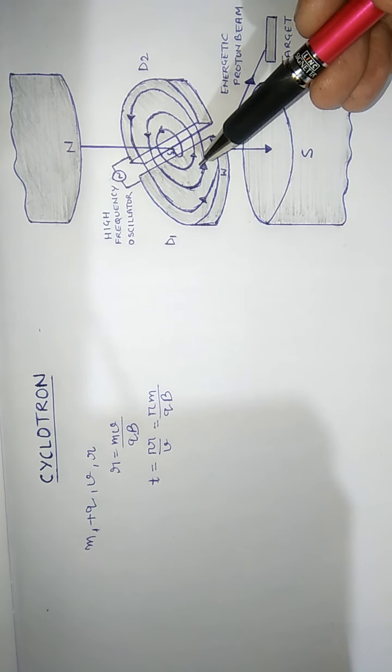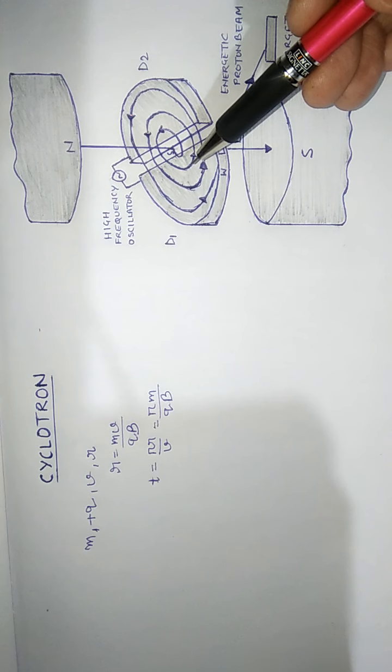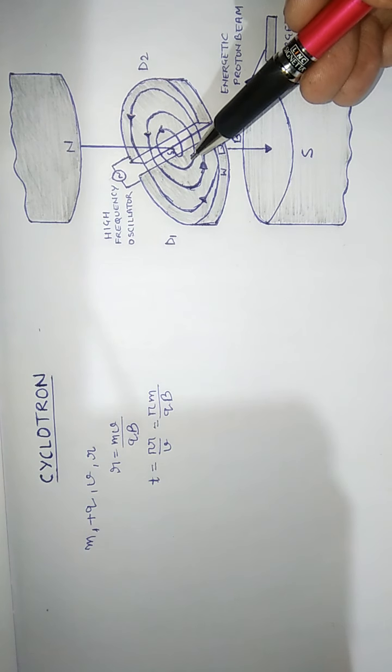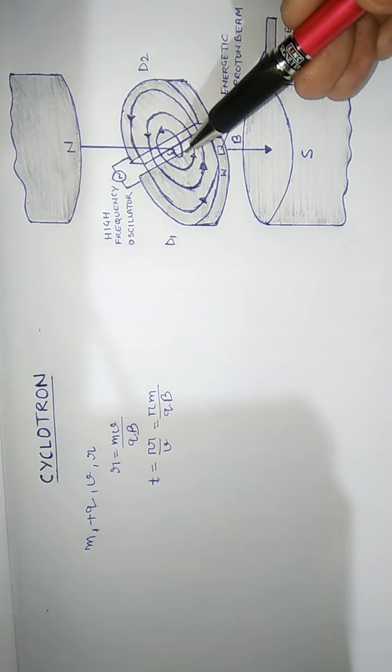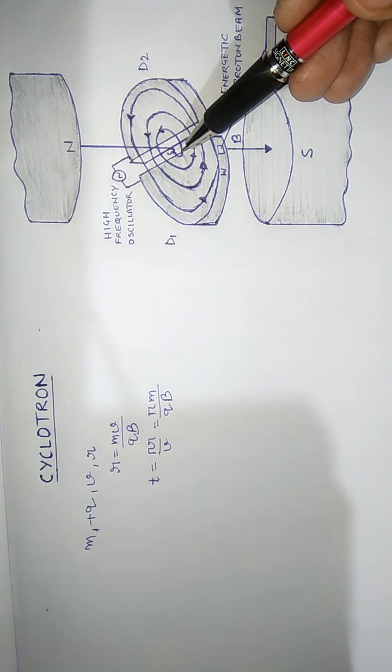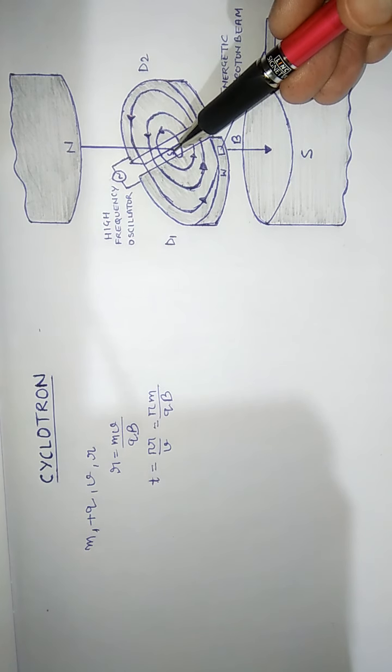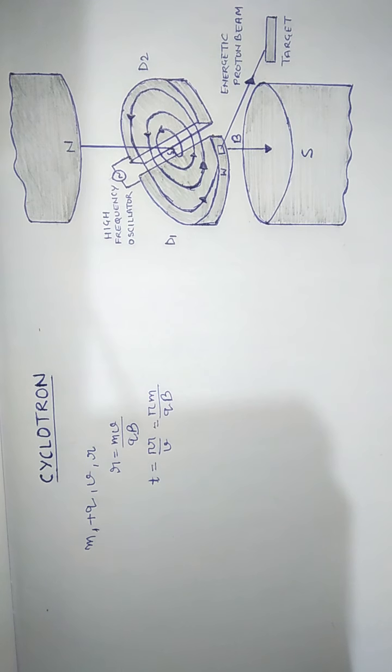The thermions given out by the filament produce positive ions by ionization of the gas. The ion comes out through a small hole in the ion source and is now available to be accelerated.